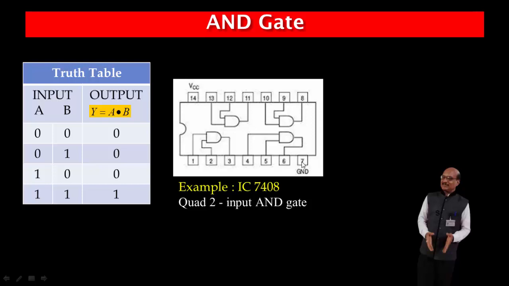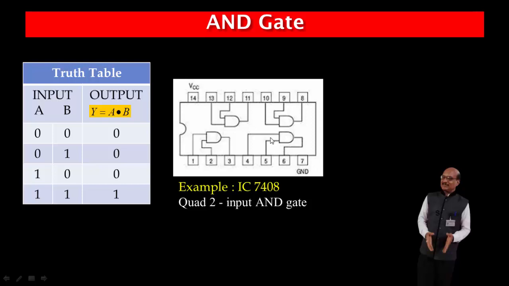Now you have to give a plus 5 volt supply to this IC for its functioning. So you should connect a plus 5 volt supply between VCC and ground. The positive of the power supply is connected to VCC and the negative is connected to the ground pin.